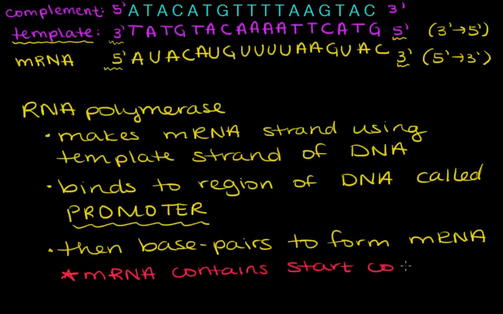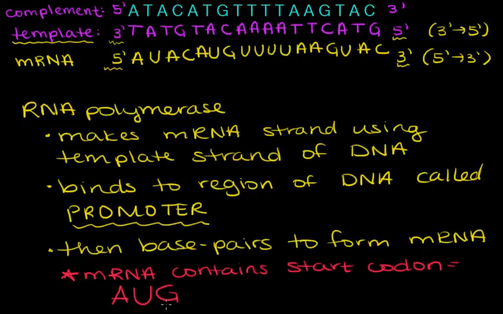And the start codon is the one codon that you absolutely must memorize, because on codon tables it is not always listed that this codon means start. It is assumed that you know it. So that start codon is AUG. You must memorize that. Okay.